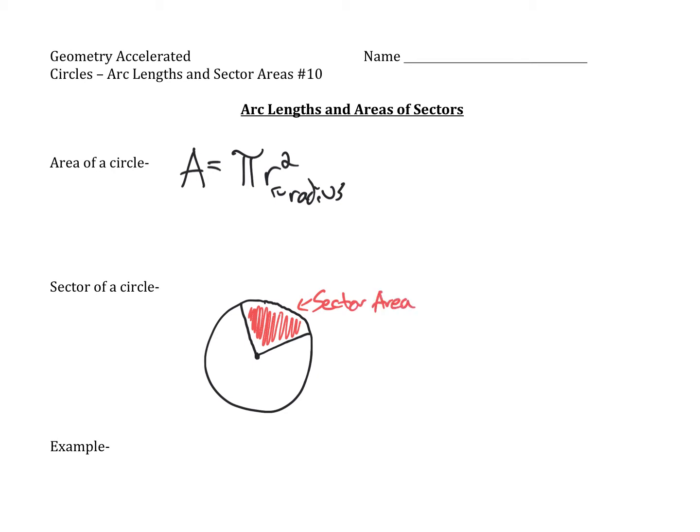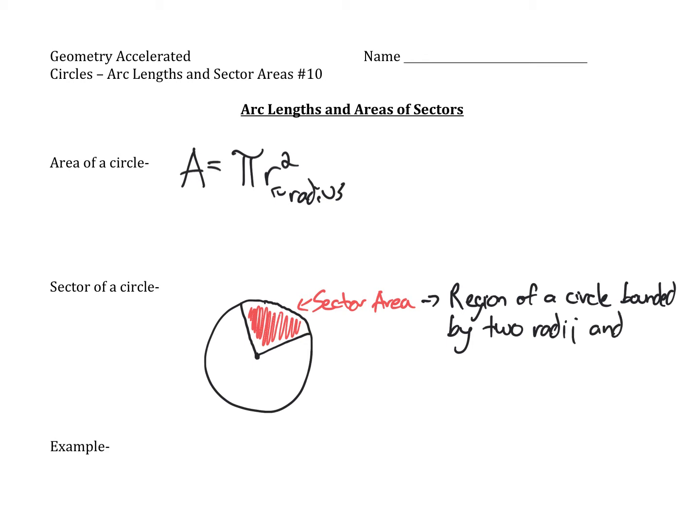So that would be what we call the sector area. And if you're someone who's into definitions, I could define sector area as the region of a circle bounded by two radii and an arc of the circle.